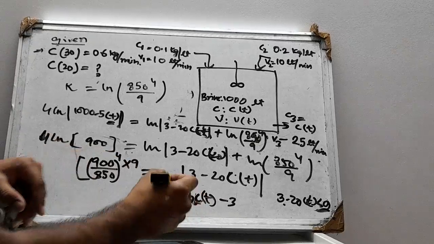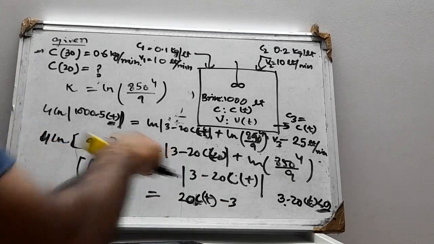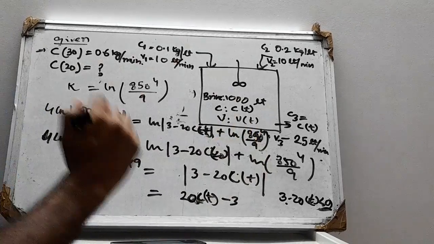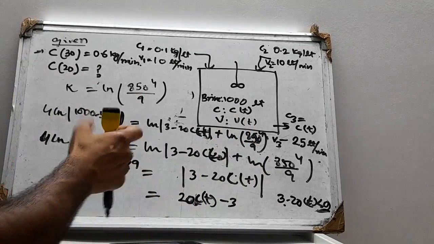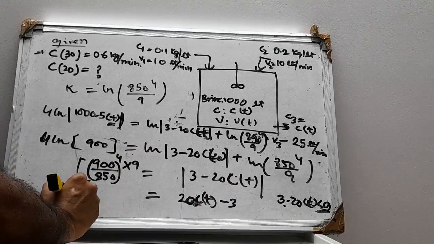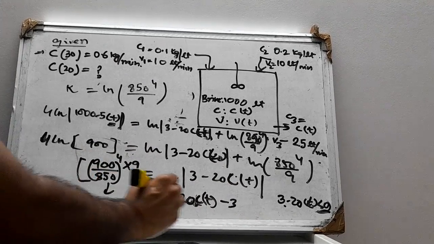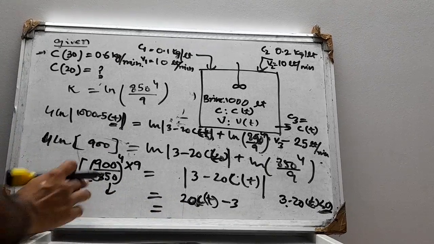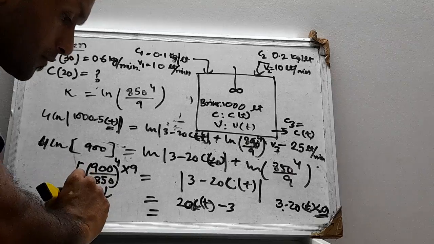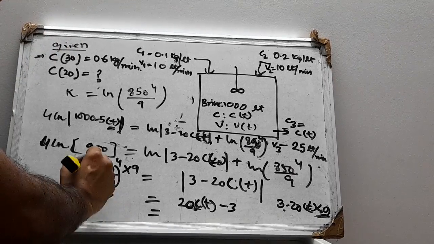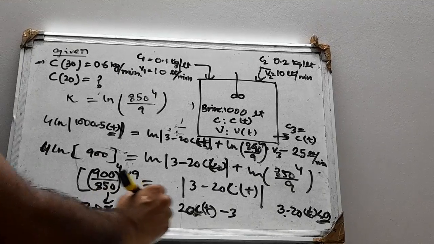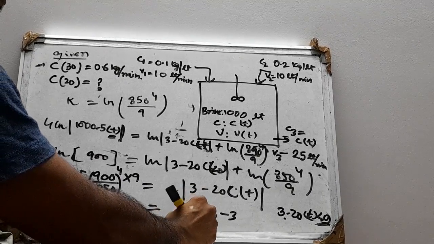So a negative has been put in and it is multiplied with minus 1, using the property of mod. After solving this, 3 will come up here. This will be 3 plus this value, divided by 20. Let's say this is x, so x plus 3 divided by 20 equal to CT.